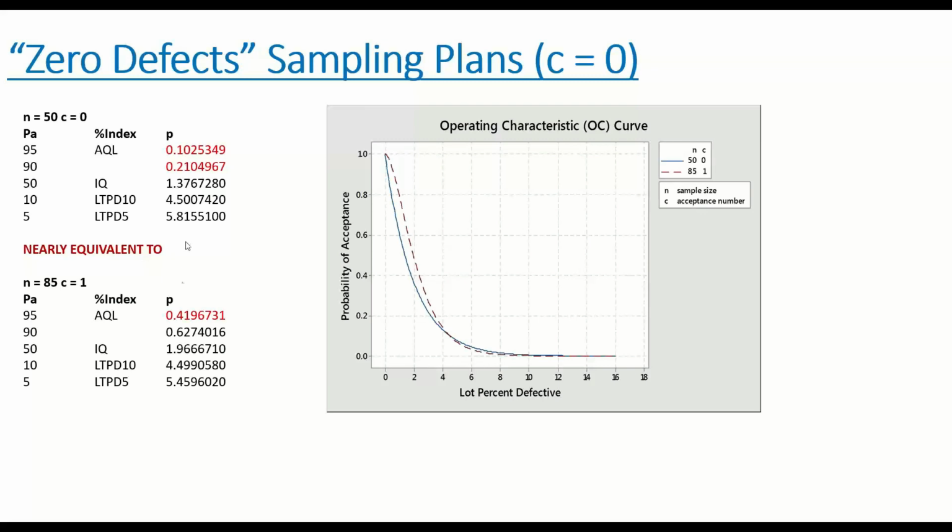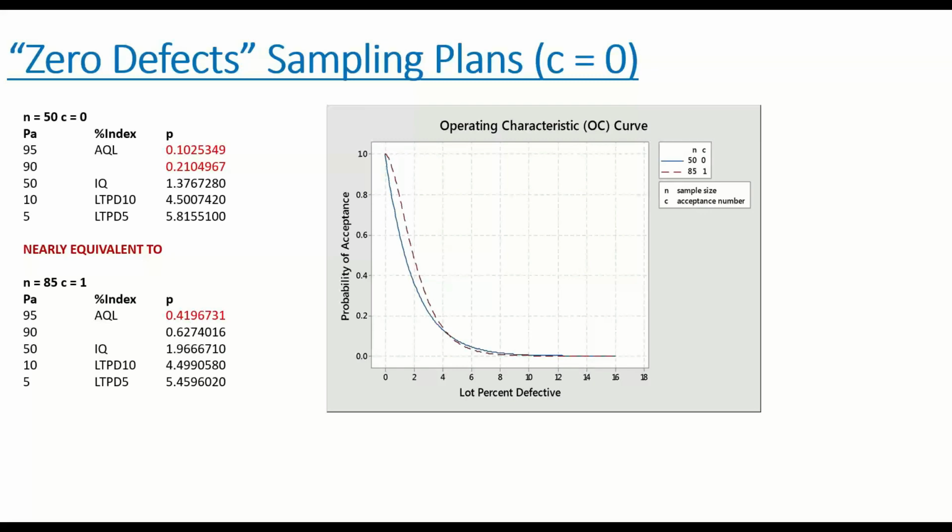It's 10%. My gosh, look at it here, right? The same probability of acceptance, and the same AQL. Wow, now it's 41. So yeah, your probability of acceptance is much higher when you're allowing for 1 defect, right? That's very good for the producer.